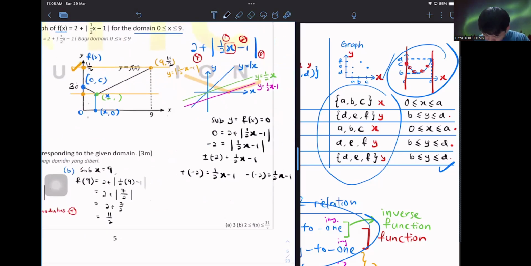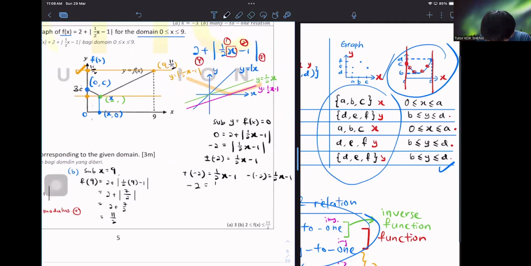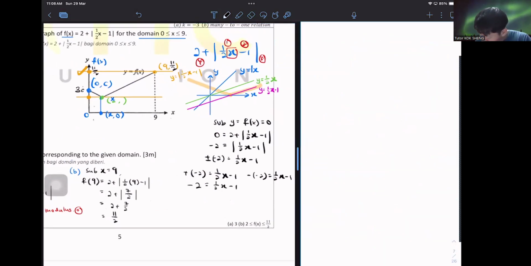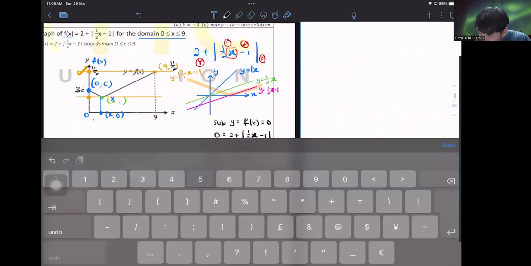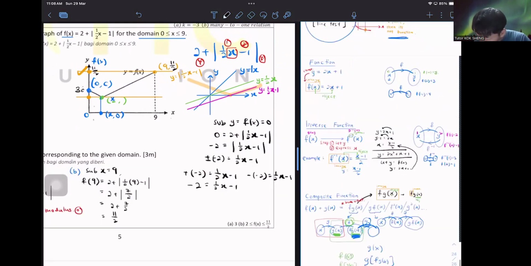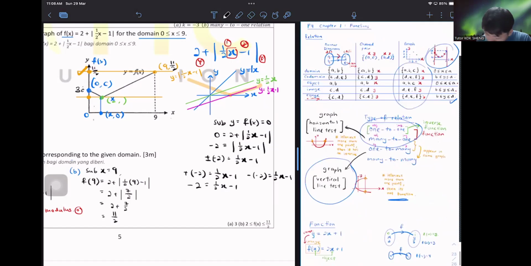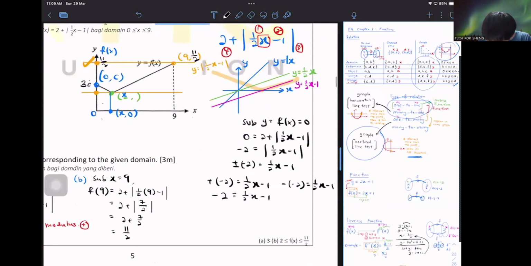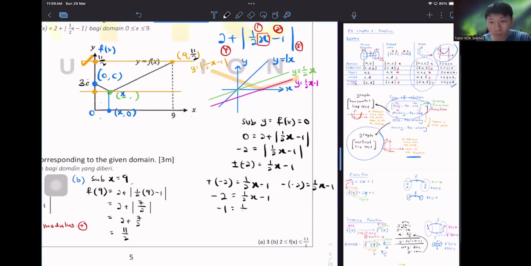Okay, let's just go. This one, positive, negative. -1 bring over, becomes +1.